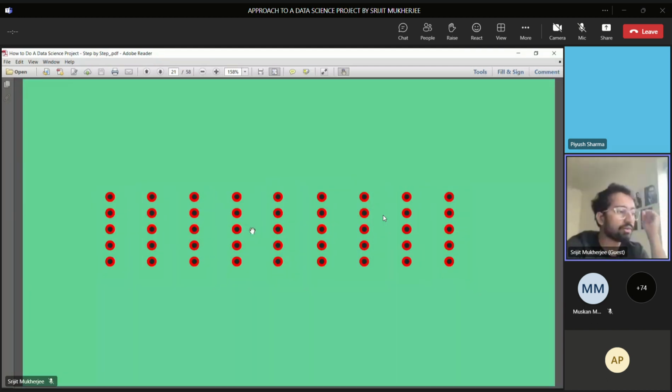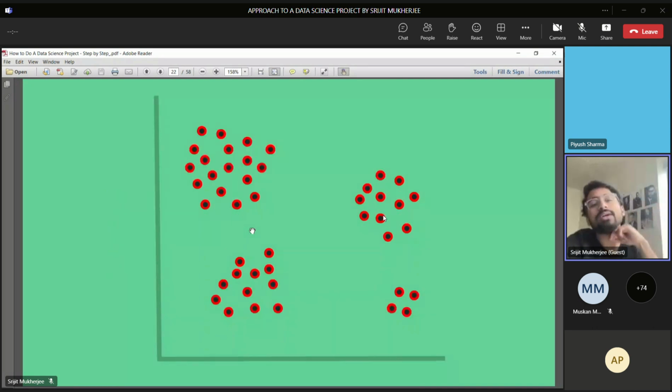Now you take this data, and for two such features, x1 and x2, you can plot them on a coordinate axis, on a 2D plane, maybe in a 3D plane too.